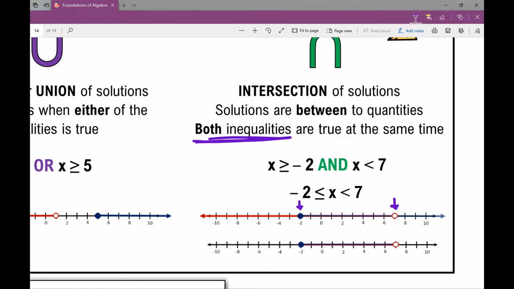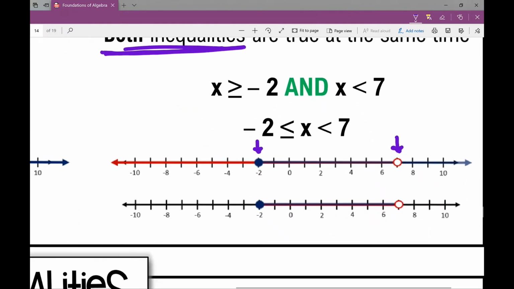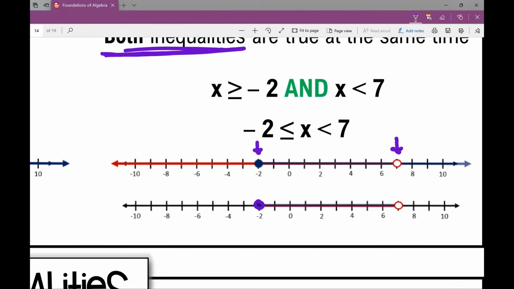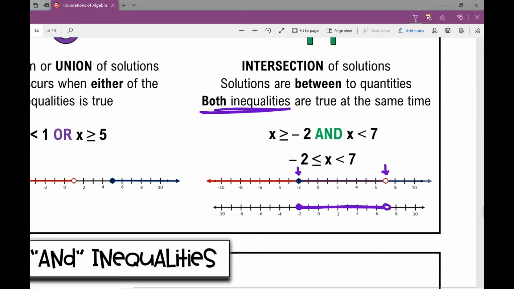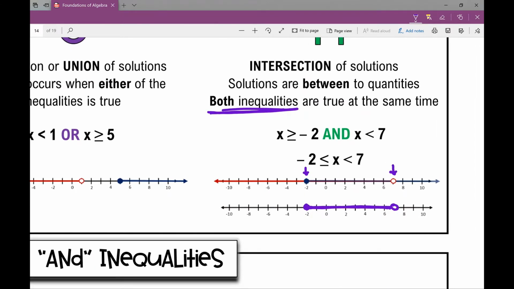It's the overlapping shaded region, which means when I graph it on my number line, I'm just going to have a closed dot at -2 and an open dot at 7, and my solution set is everything between those two quantities.